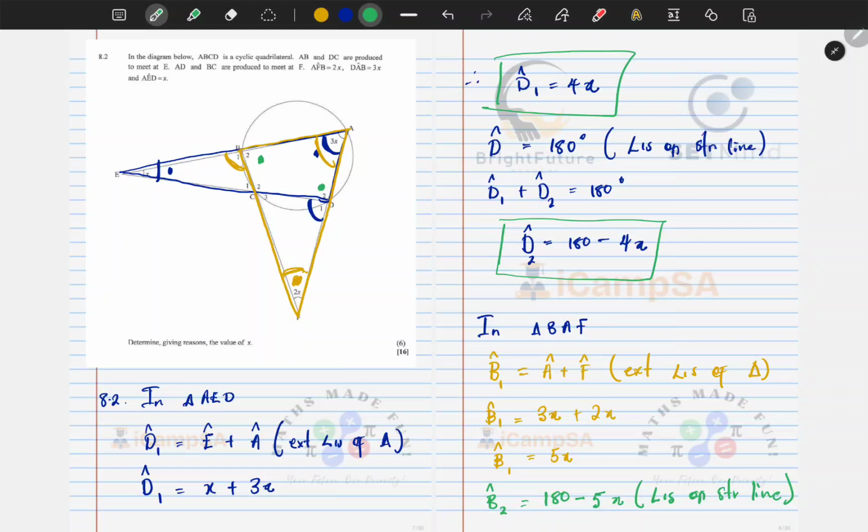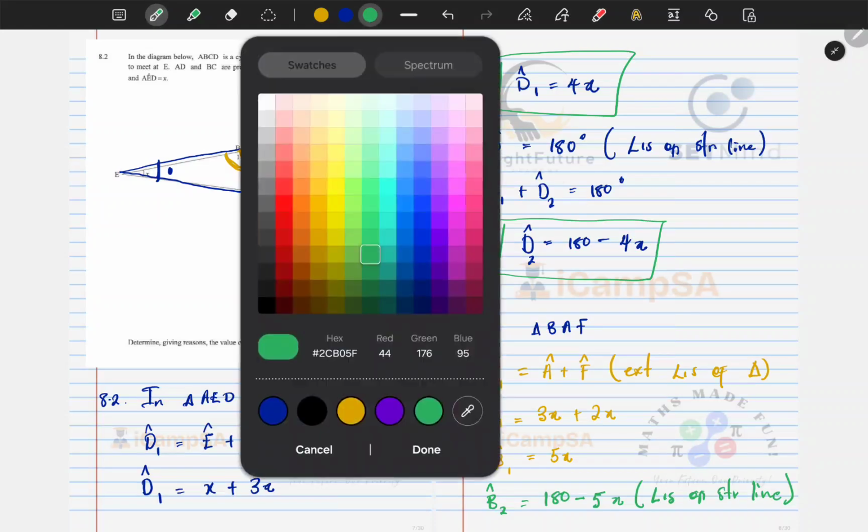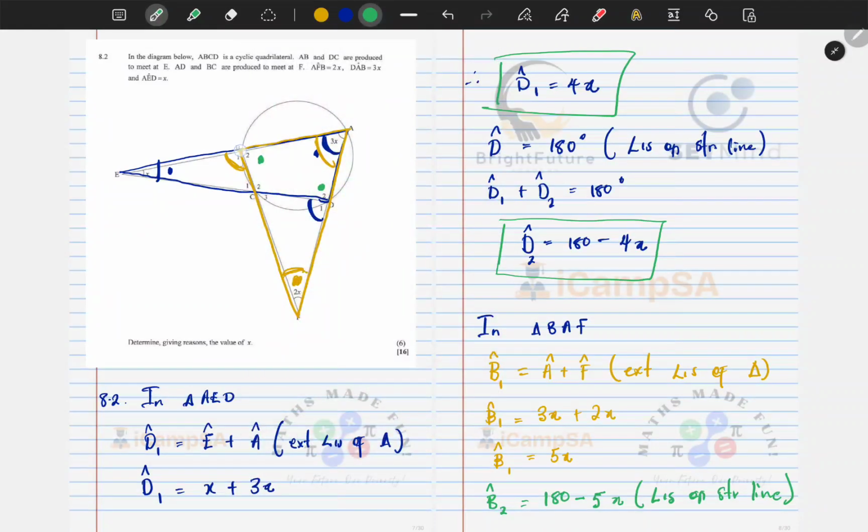So now we are trying to have a situation where something is equal to something, right? And what comes to my mind is if this is a cyclic quadrilateral. If this entire thing is a cyclic quadrilateral, what do we know about exterior angles of a cyclic quadrilateral? They are equal, right?